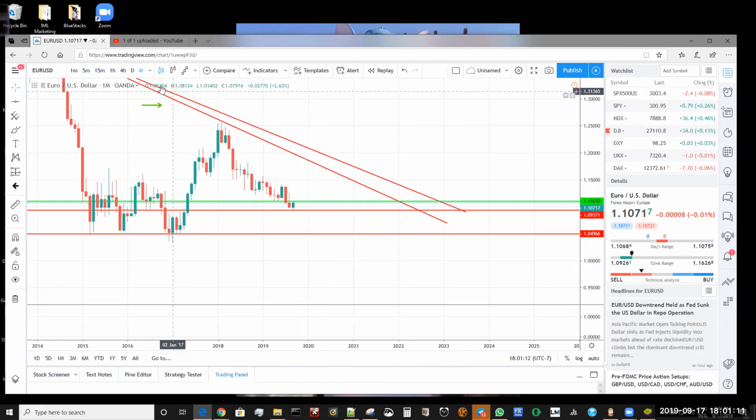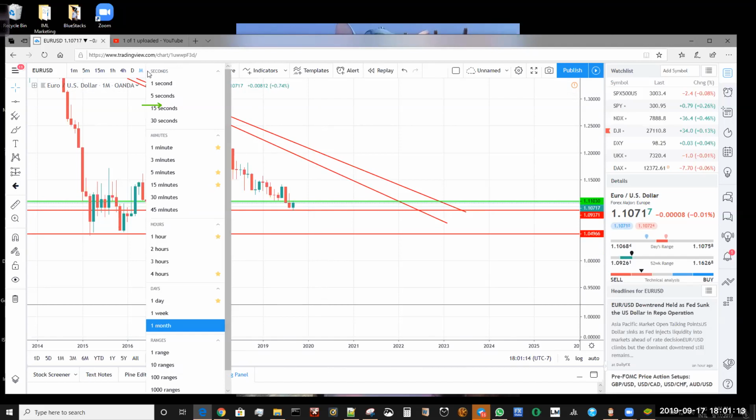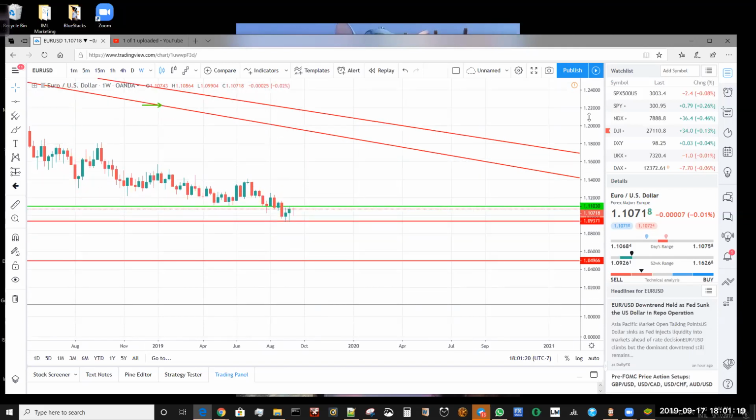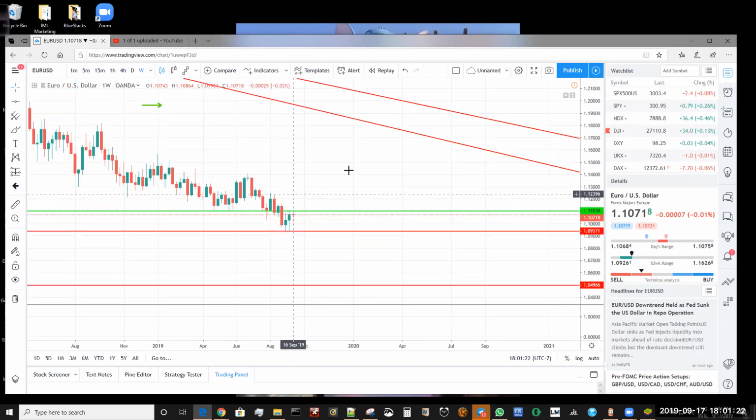I'm going to drop down the time frame to weekly. All right, now I just need to adjust this here. So this is our weekly, and you can see that this is the start of the monthly candle from here to here.